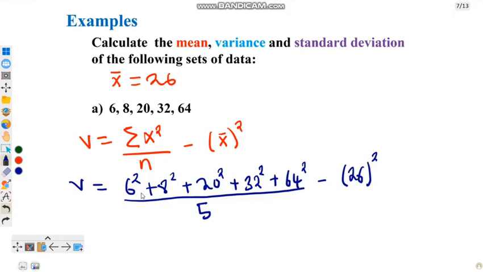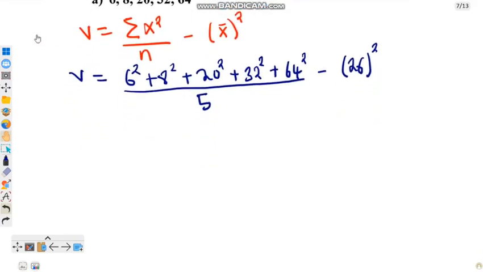So I hope that you are following. Then from there we just need to find the values of these. We are going to write our values down here.